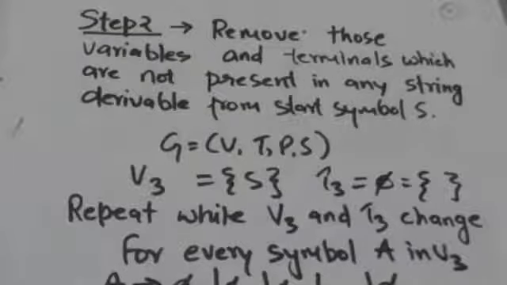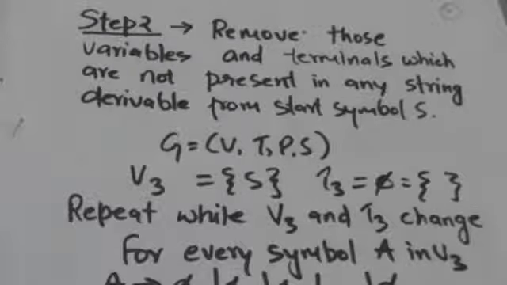Suppose a grammar G is given to us. What will we do? We have to remove those variables and terminals from grammar G which are not present in any string derived from start symbol S, and we have to remove those productions also which involve such variables and terminals.